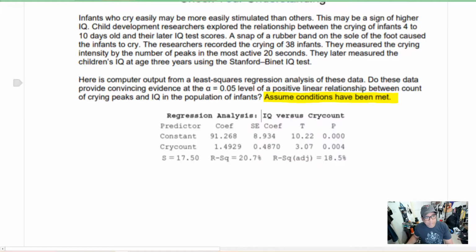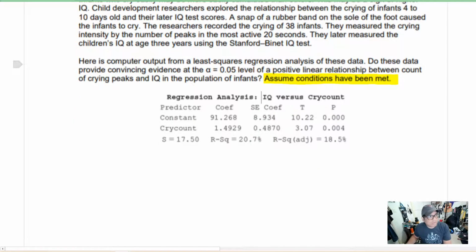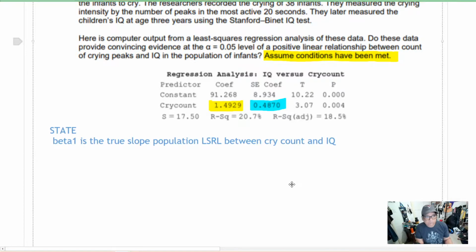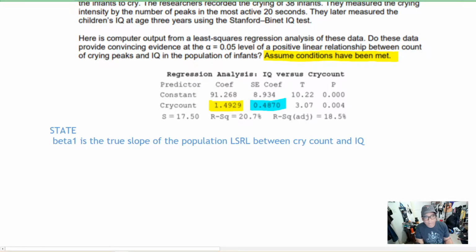So let's take a look at our chart. We only really need 2 numbers from here. We need the value of B, and we also need the value of SEB. And we'll go ahead and get started with state. We've got beta 1 is the true slope of the population LSRL between cry count and IQ.